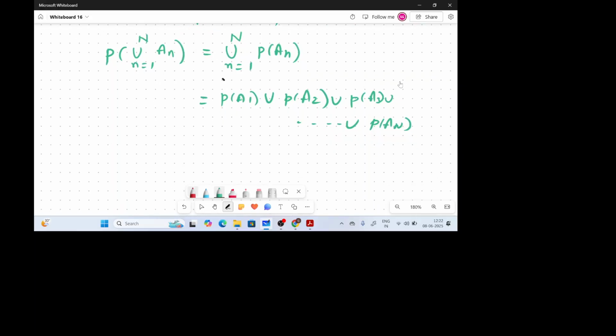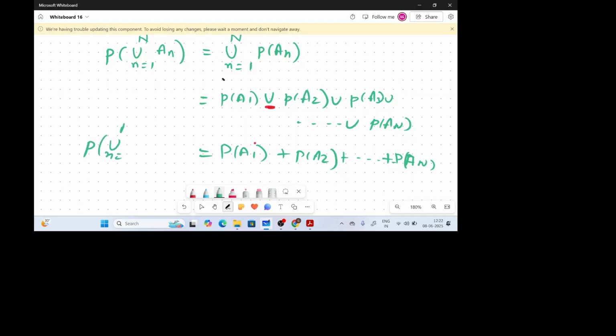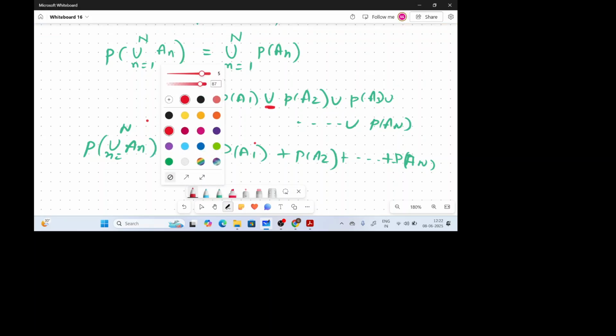Sometimes this union can also be represented with the plus symbol. So if I decompose this, I write P of A1 plus P of A2 plus and so on up to plus P of A_N. So this is what the probability of the union over n equal to 1 to capital N of A_n is. This is axiom 3.